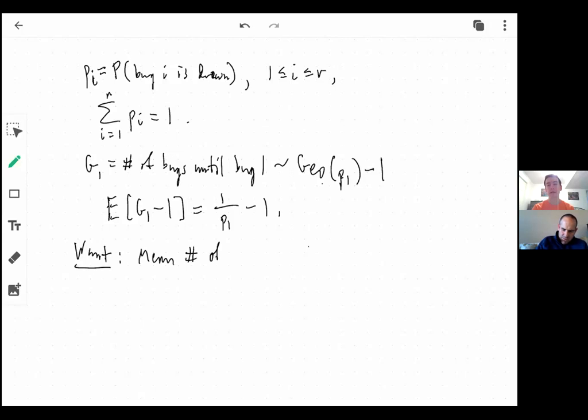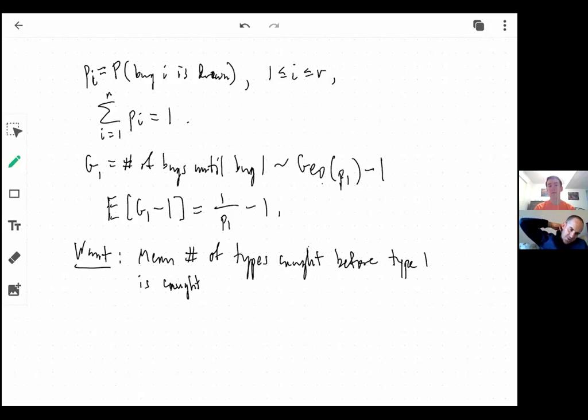Mean number of types caught before what? Before the first type 1 catch. The mean number of types caught.